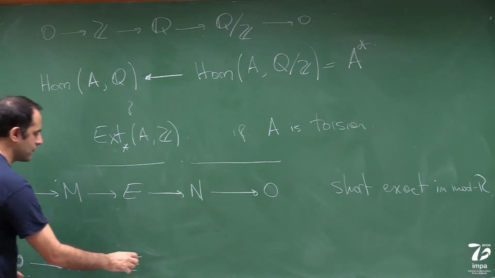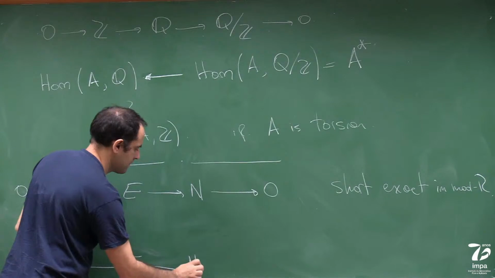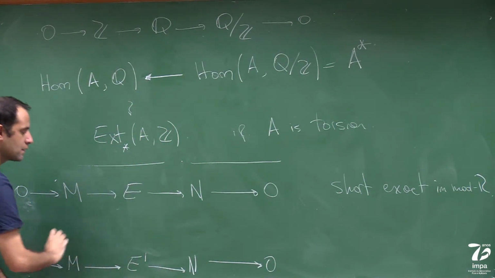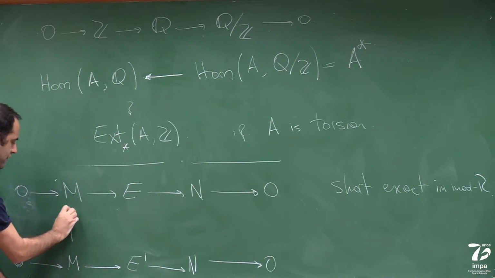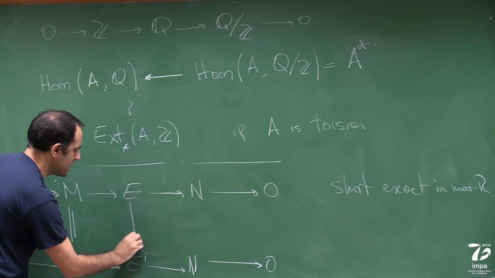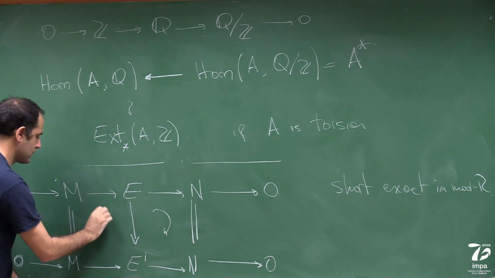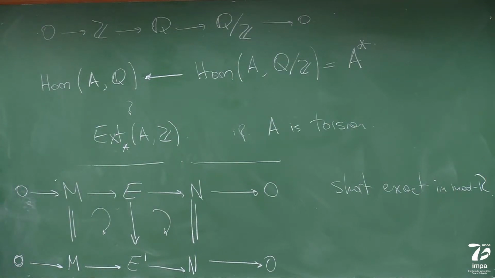I'm going to fix M, I'm going to fix N, and I'm going to declare two extensions to be equivalent if and only if I have a map from E to E prime that makes this diagram commute. Now, exactness of both rows would force this map to be an isomorphism. So I would say that two extensions E and E prime are equivalent if they fit into a diagram like this.